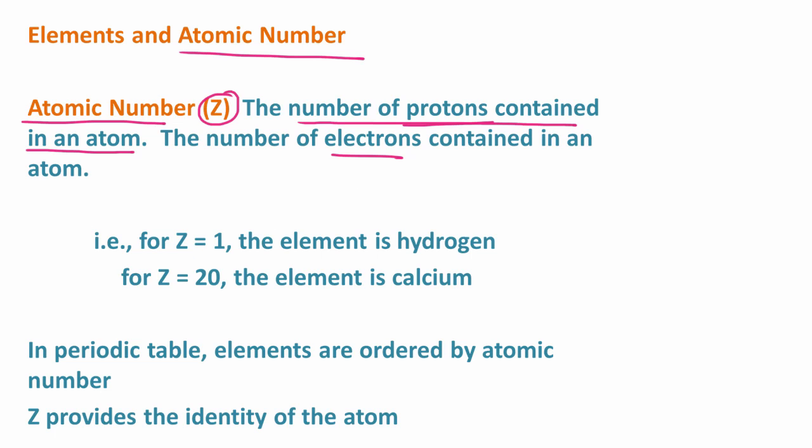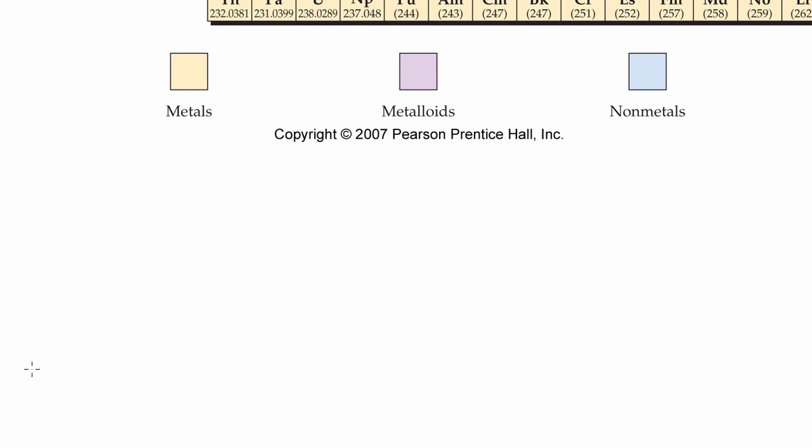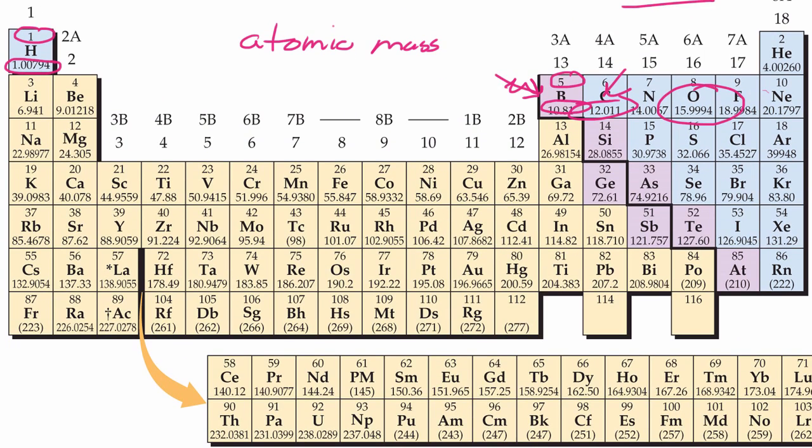So let's take a look at the periodic table again. And here it is. This number here that's above the elemental symbol, that is the atomic number. That is Z. So lithium has an atomic number of 3.